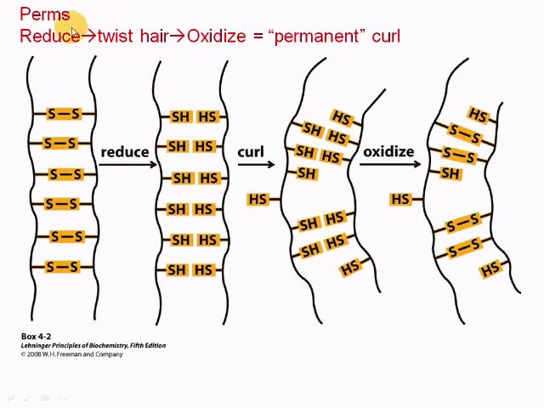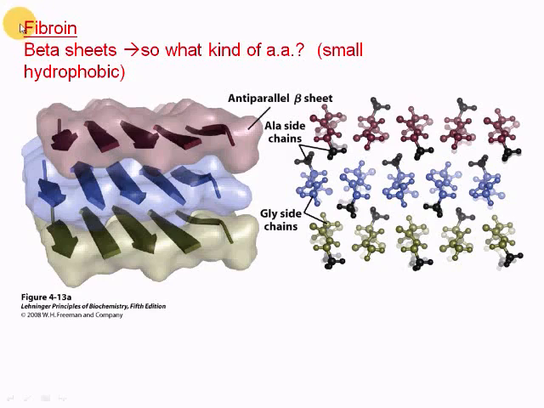And so right up here I've got reduce, and then you twist the hair, and then you oxidize it to reform those disulfide bonds, and that gives you a permanent curl. And so it's kind of like a random slide, but that's kind of like, I guess, a biochemical application for perms.